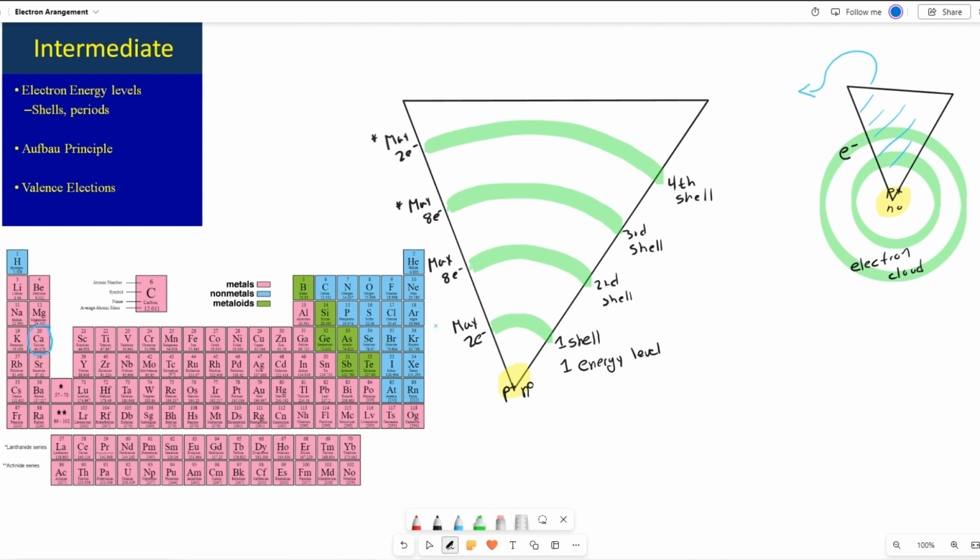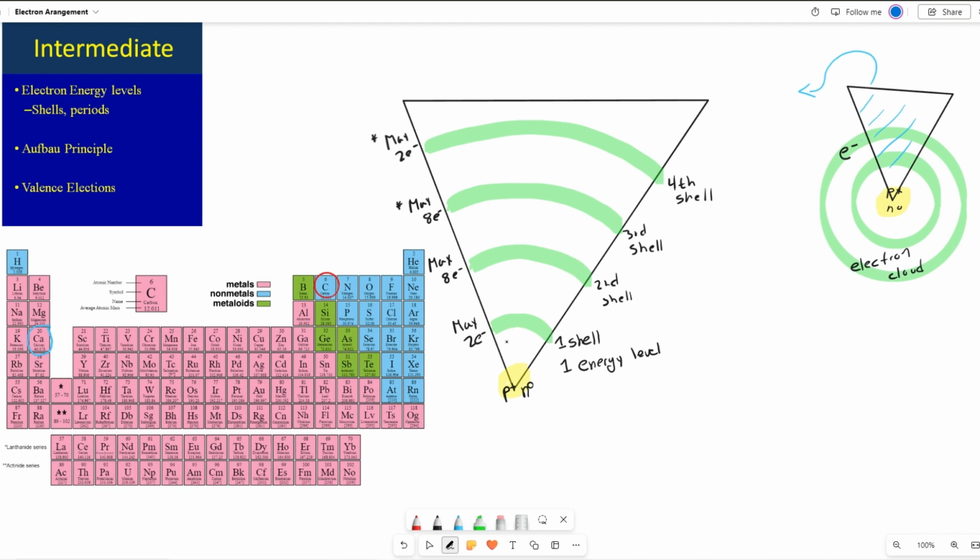So let's take a look at an example of an element and how its electrons would go into the electron cloud. If we look at carbon, carbon has an atomic number of 6, which means if it's neutral, it's also going to have 6 electrons. So how are those 6 electrons going to exist in these different energy shells within the electron cloud?